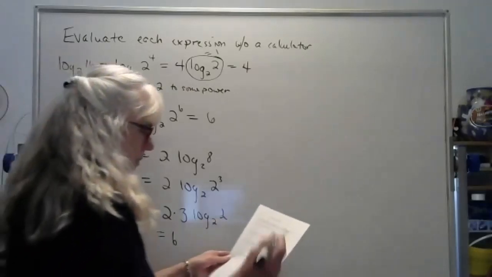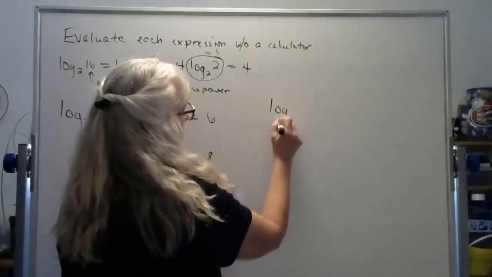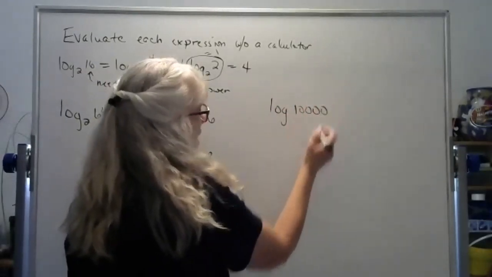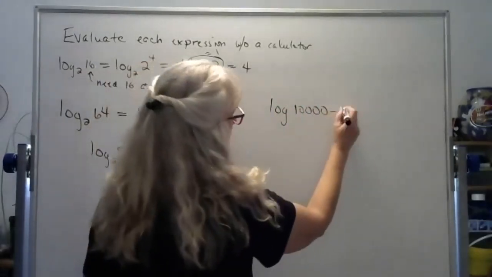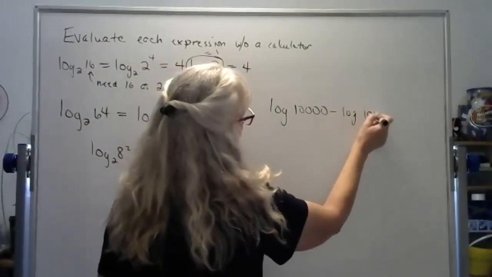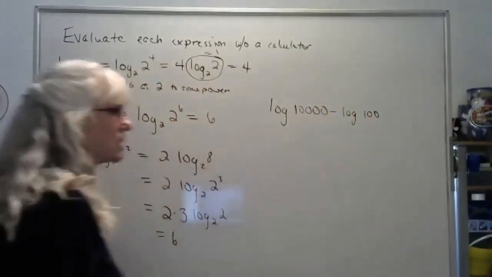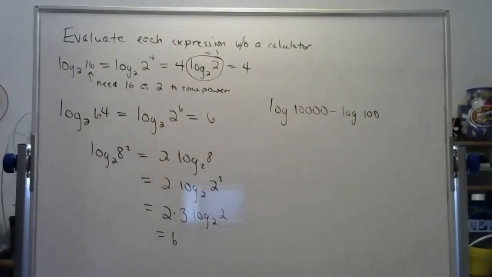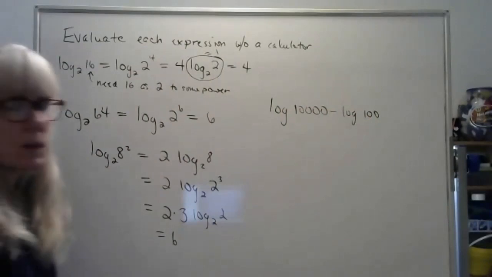Okay, how about the log of 10,000 minus the log of 100? Okie-dokie. Well, this switched gears.